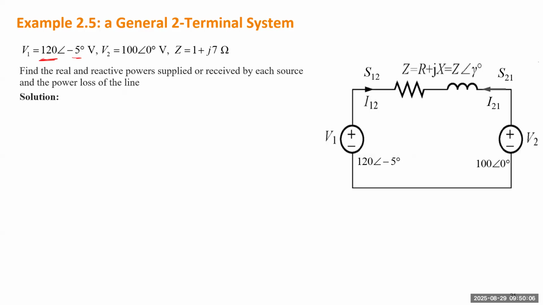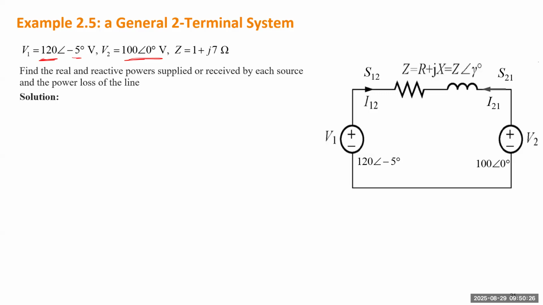For the second bus, we treat that one as reference, so voltage 100. So we intentionally make bus 1 slightly higher, 20% higher than bus 2, and the angle slightly lower than bus 2.